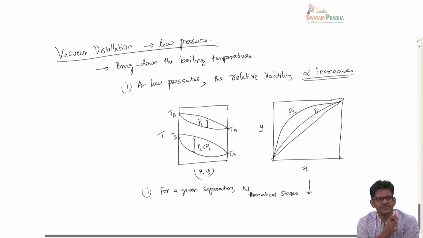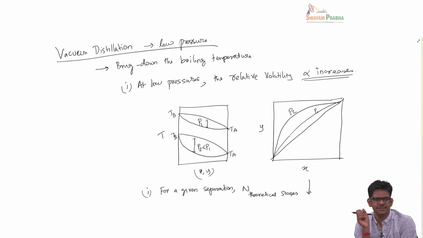Compared to atmospheric distillation, if you do low pressure distillation for the same product quality and flow rates, the number of stages that you need would come down. So this is one advantage.